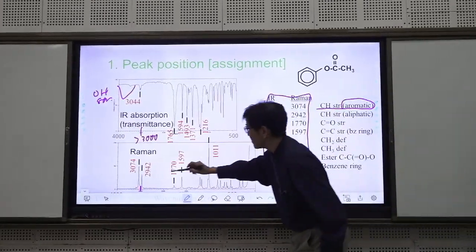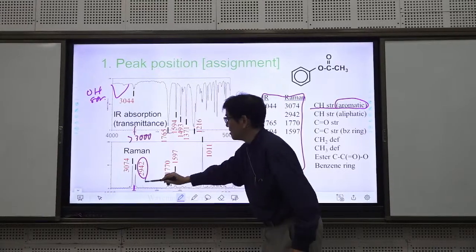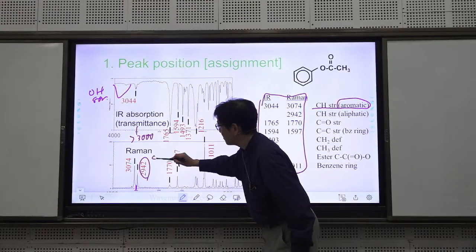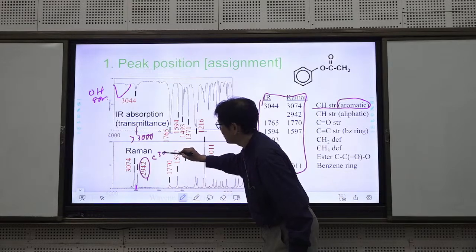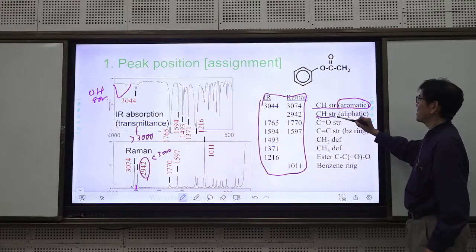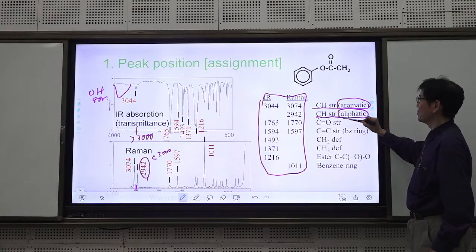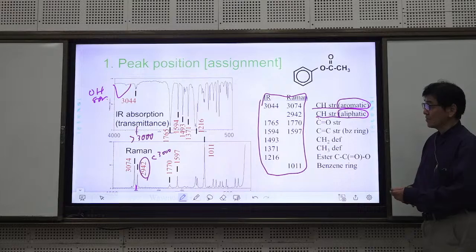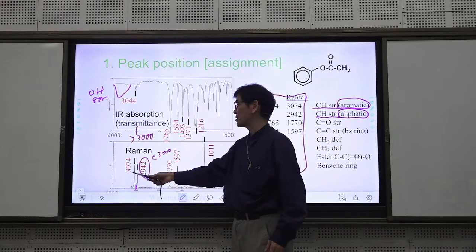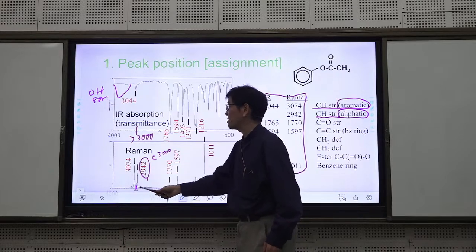Also, here is a peak below 3,000. This is assigned to CH stretching of the aliphatic group. From this result, I can estimate that this molecule must have both aromatic CH and aliphatic CH.